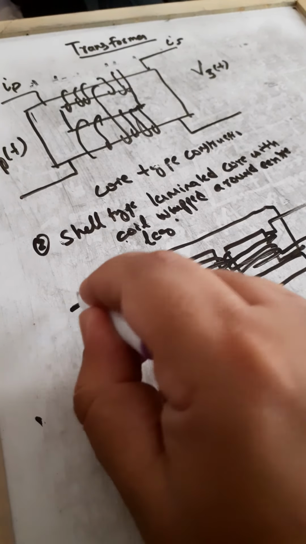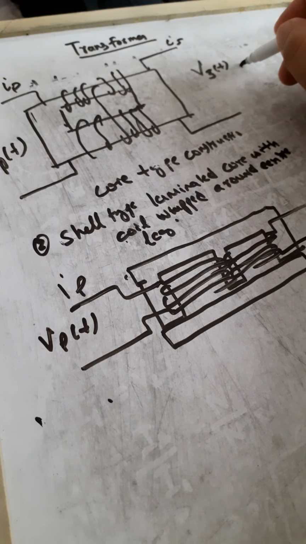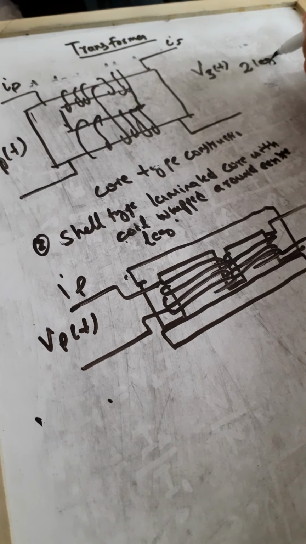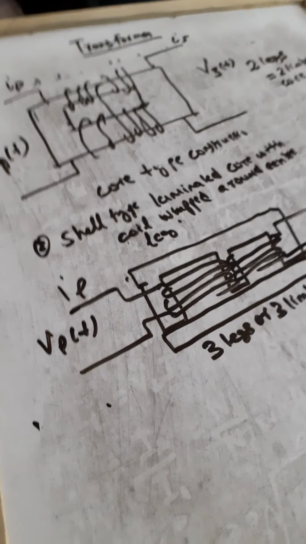Here you can see there is one leg, two legs, three legs, whereas there is one leg and two legs only. So this is having two legs, or we can say two limbs, in a core type of transformer, wherein the shell type consists of three legs, or three limbs construction.